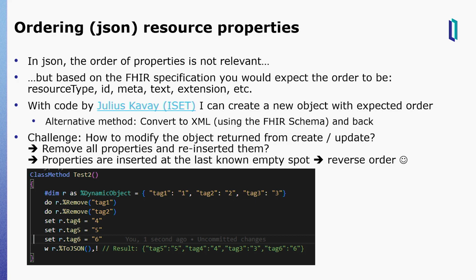It's kind of funny behavior I found, but once I figured this one out, it was relatively straightforward to first reverse again all the property names and reinsert them back. And then I could also change a current object and reorder the properties.